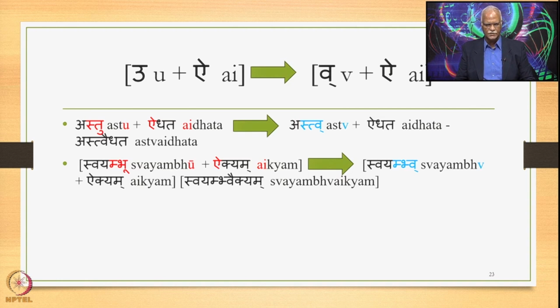Astu plus Aidhata, and Ukara is substituted by V by the application of 6177 and you get Astva Aidhata, Astvaidhata. And then the compound form Swayambhu plus Aikyam, long U followed by I, and 6177 applies and the output generated is Swayambhva Aikyam, Swayambhvaikyam.